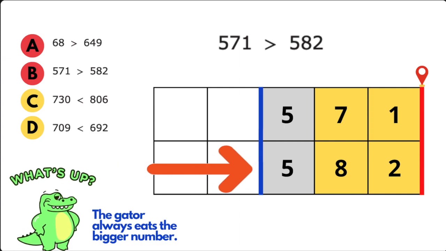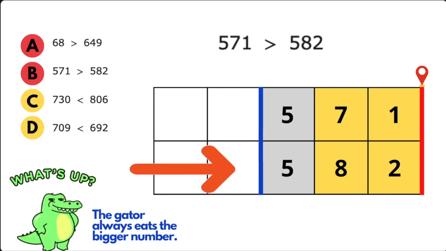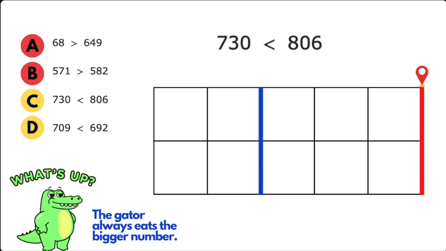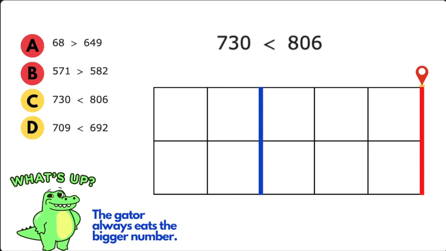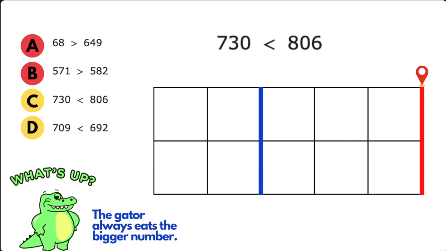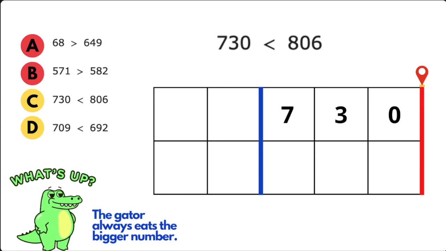Let's go to our third example. 730 is less than 806. You see the sign has changed here, and the alligator's mouth is eating 806. So we're trying to prove that 806 is bigger than 730. Let's place our numbers in there once again, 730 and 806.